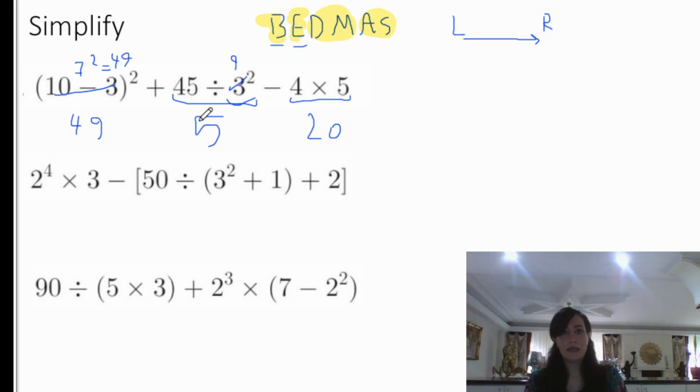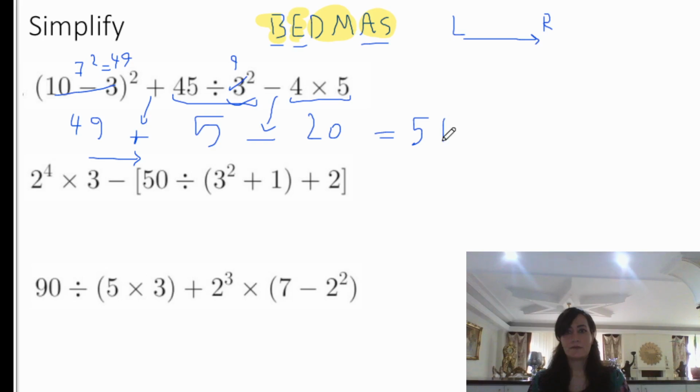Between 49 and this 5, I have an addition sign. And between this 5 and this 20, I have a subtraction sign. Addition and subtraction are in the same order. So what do we have to do? We have to go from left to right. So I start from left to right. 49 plus 5 gives me 54.